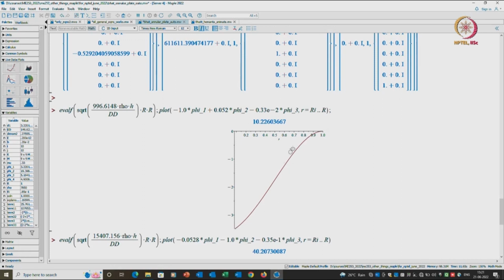So there is no node point. So this is the shape in an axisymmetric manner. So you can rotate it about this vertical axis, that is the shape of the plate. So that is the very first axisymmetric mode with 10.22 as the non-dimensional resonance frequency.